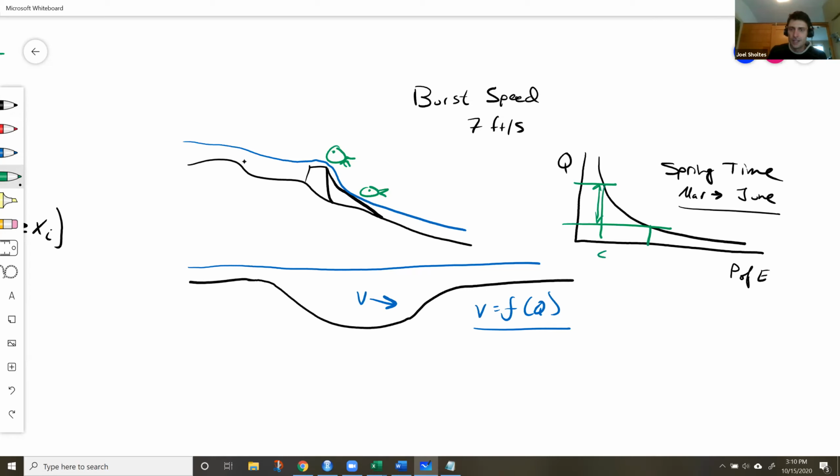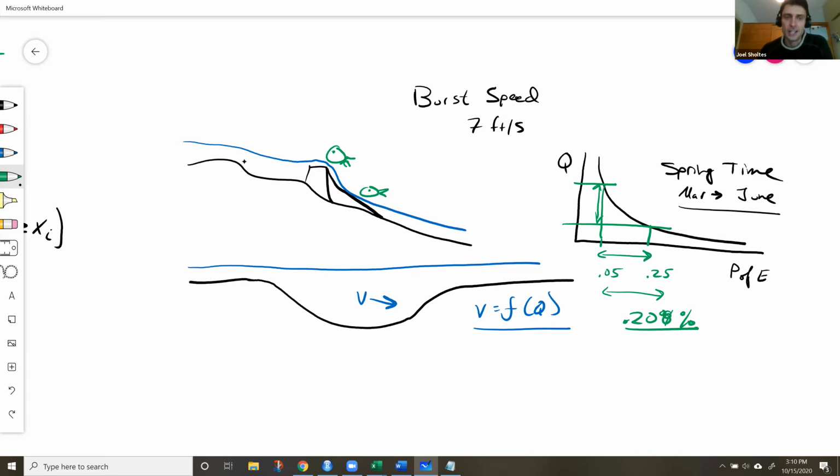So this will give me this window, a certain percentage, right? Let's say this is 0.05, and this is 0.25. So I've got this probability of exceedance window in which the fish can actually swim through this weir during the springtime. In this case, it'd be 20% of the time that it's able to swim through that.